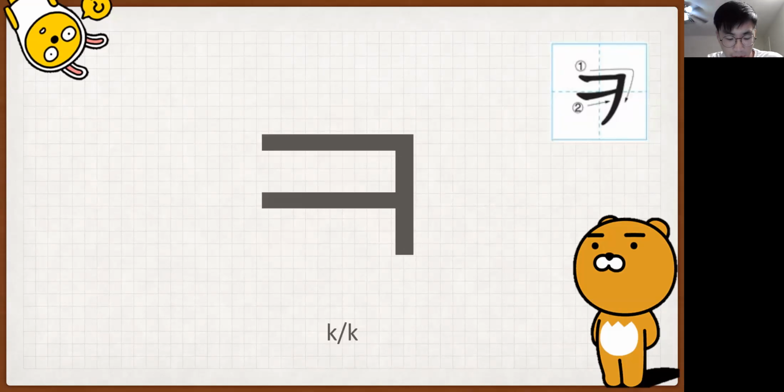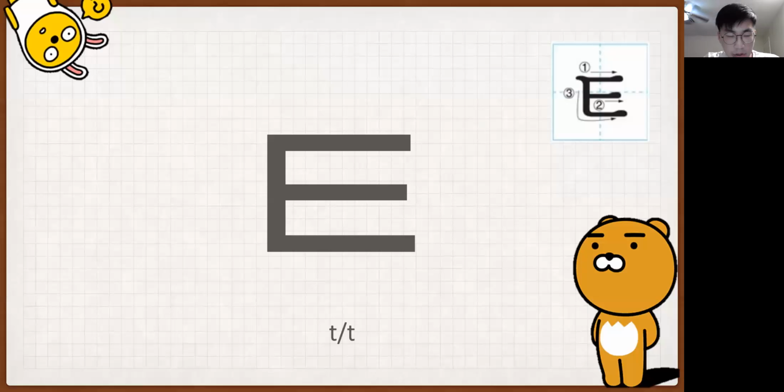Next one is 키읔. This makes the K sound. And the next one is 티읕.